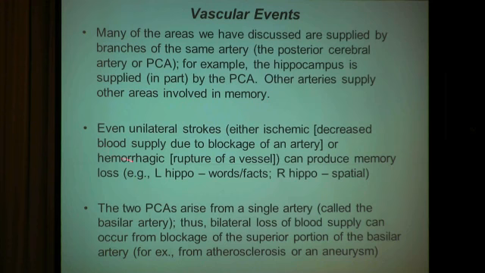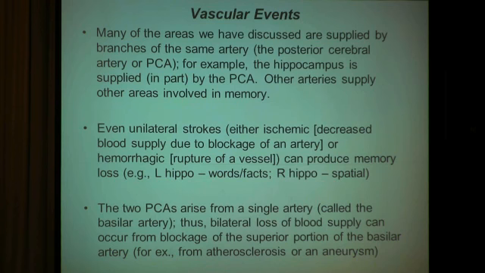Even unilateral strokes can cause problems. An ischemic stroke means there's a decreased blood supply due to some blockage. Ischemia is just a lack of blood supply bringing oxygen. The rupture of a vessel is called a hemorrhagic stroke. Either kind of stroke that involves the PCA can produce memory loss, even on one side of the brain.